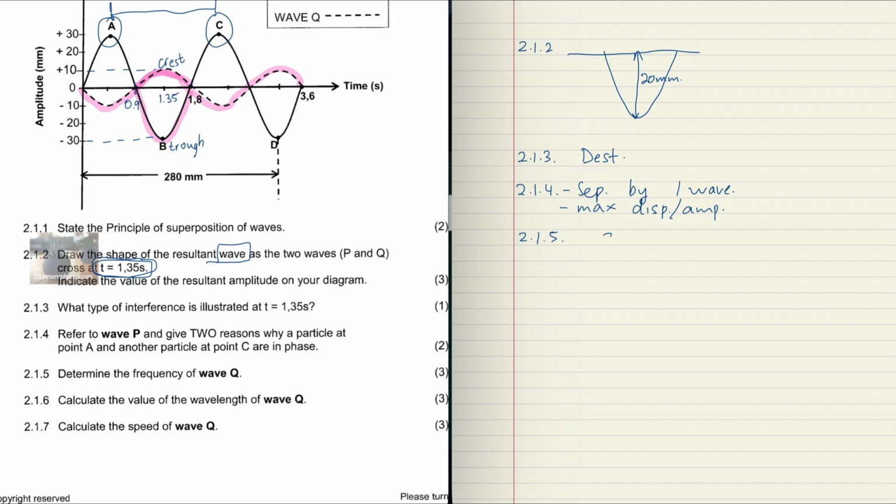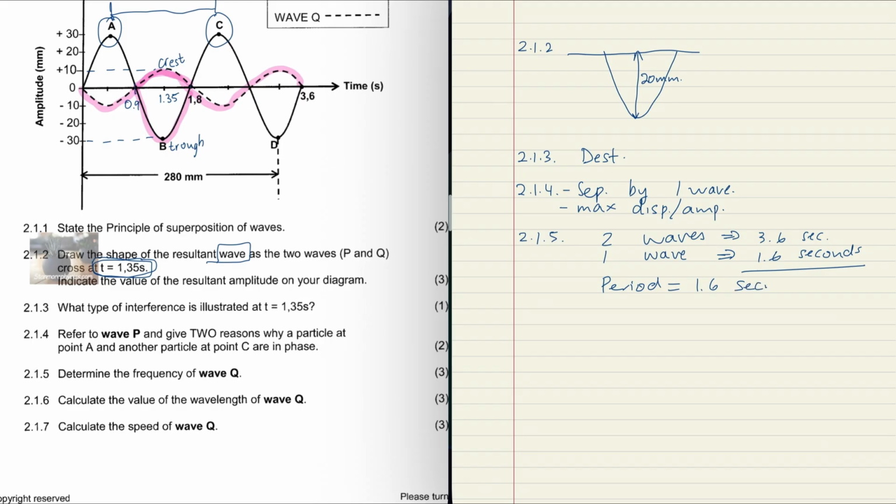We have two waves in 3.6 seconds, then one wave will be 3.6 divided by 2, which is equal to 1.6 seconds. So what we've calculated here is the period.